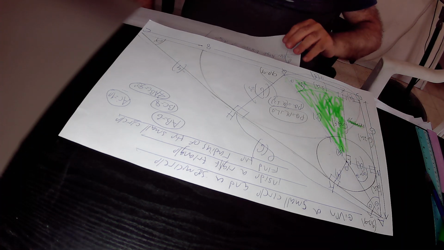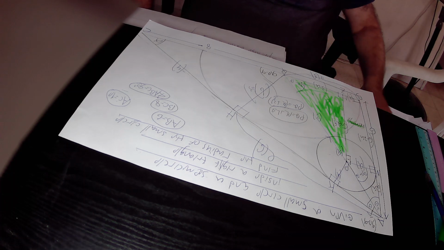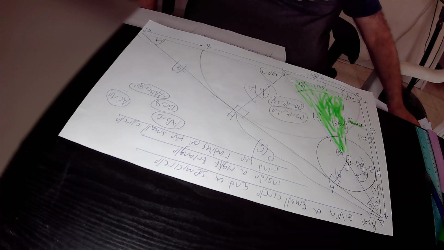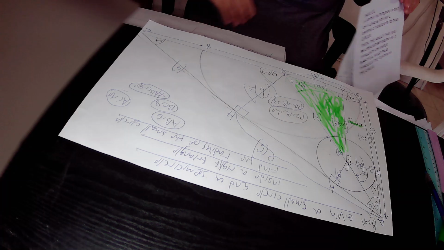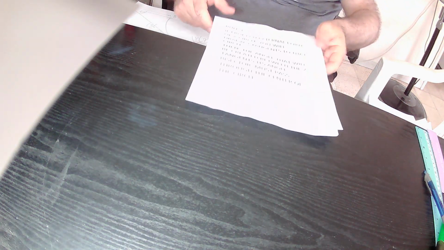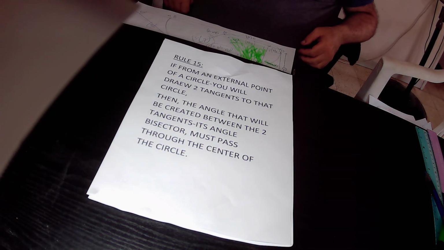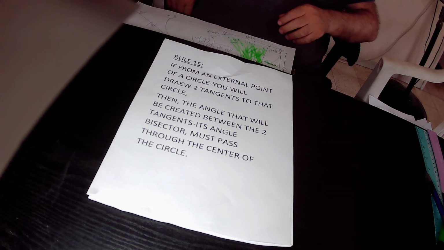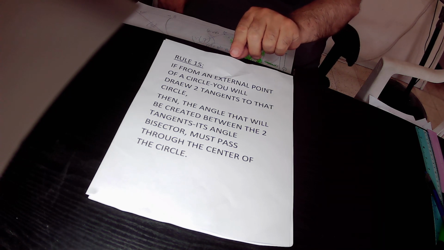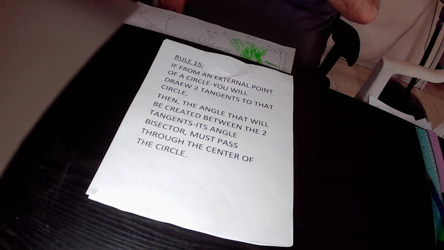In the next step, I present to you a new rule and implement it in our drawing. The new rule is rule 15. According to rule 15, if from an external point of a circle you draw two tangents to that circle, then consider the angle that is created between the two tangents.